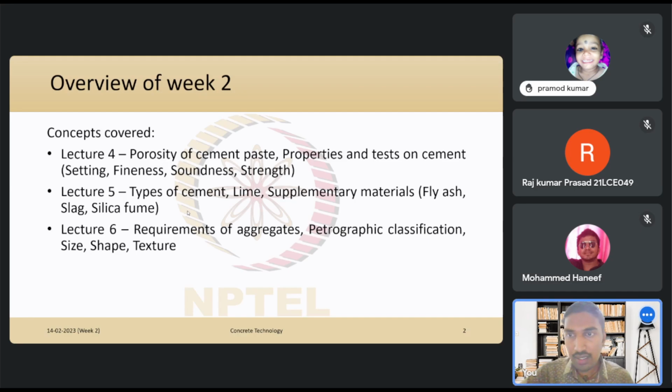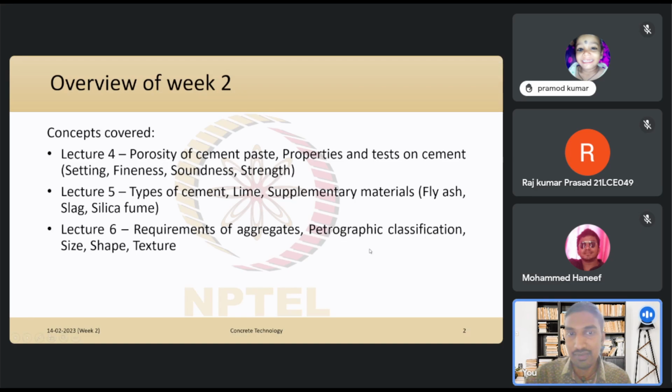And in the final lecture of week 2, we moved on to aggregates. It was the start of module 2. We looked at the requirements an aggregate should satisfy for use in concrete, and the petrographic classification, which is based on chemical composition.